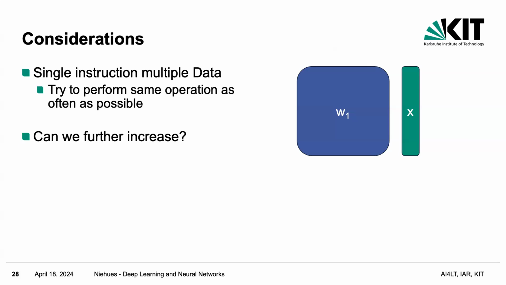Maybe especially if you think about your training process, where what we saw is we take one example, calculate the backpropagation, and look at the next example, again doing backpropagation and so on. Yes?